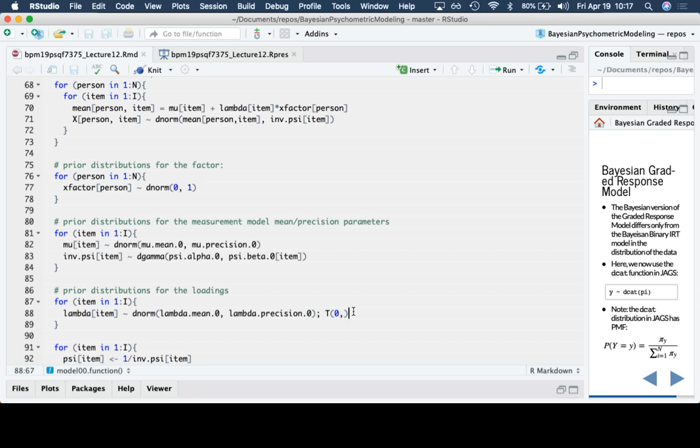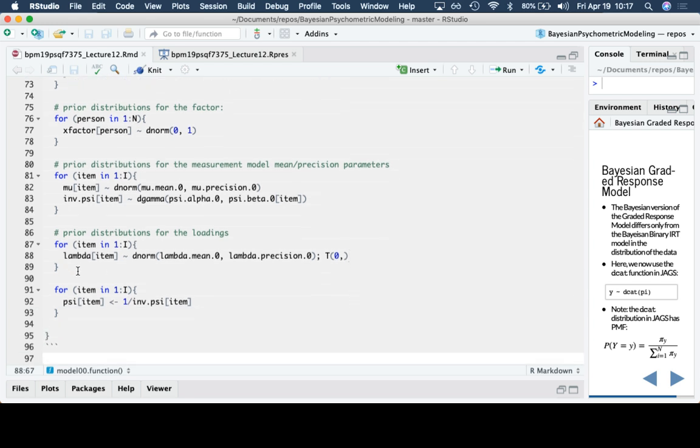I'm sorry. Yeah, you made me think about that. I think it is. It adjusts the probability mass so that it's appropriate for it. So that's the one catch with this.